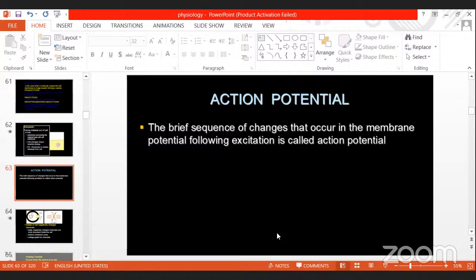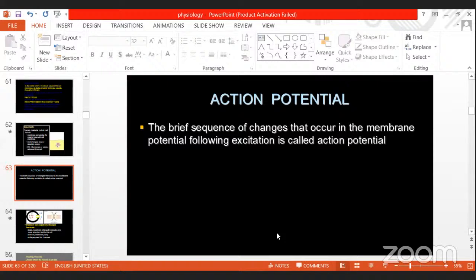We have seen about the cell, its cell membrane, and the transport mechanisms in the cell. Now, let's see how messages are formed in a cell and how they pass.